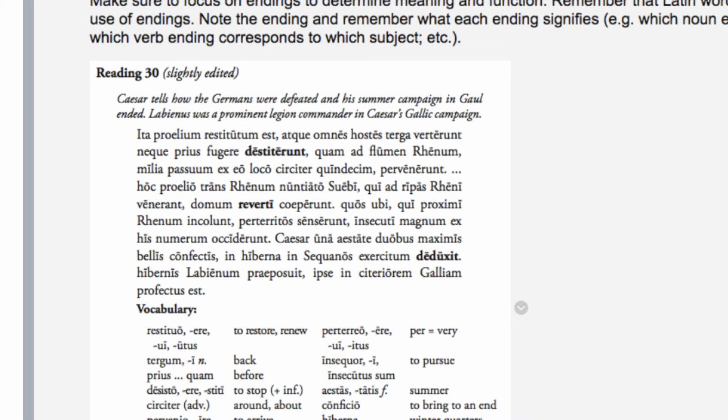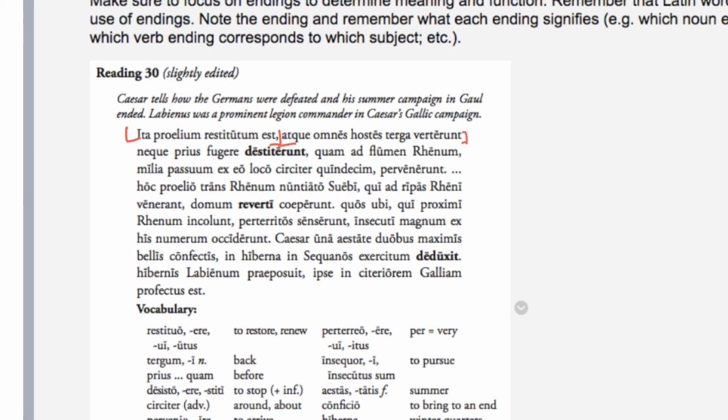Sentences are getting a little longer, so it becomes more and more important to break them up into chunks. I'm going to deal with this part first. Thus battle was renewed. Proelium restitutum est, so battle started up again. Now I go to my next verb, verterunt, and all the enemy turned their backs. So it took off.